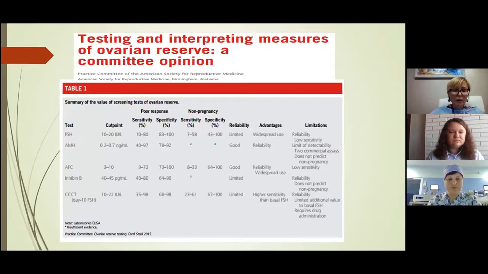The main problem of FSH is the upper limit, because during the last 15 years, the upper limit of the normal range changed 3-4 times. In some laboratories they say it is 20, in some 10. And on this upper limit depends how many women will be considered as women with decreased ovarian reserve.